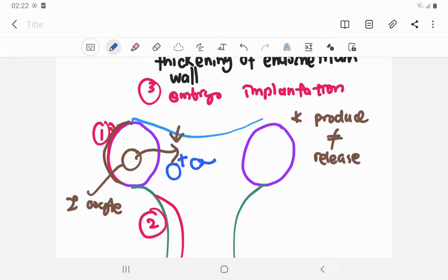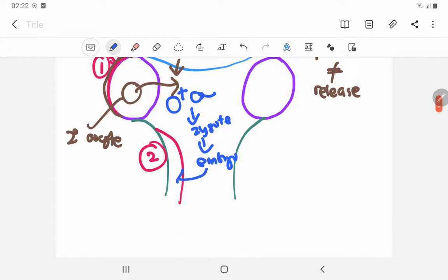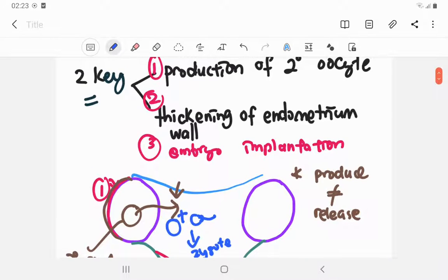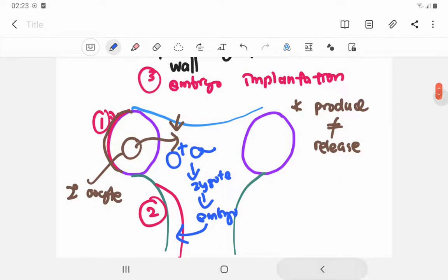So when the secondary oocyte is released and there is sperm at the fallopian tube, fertilization occurs and a zygote is formed. The zygote would develop into an embryo. So this embryo would implant at the endometrium wall. Jadi kaitan 1, 2 dan 3 ialah satu, production of secondary oocyte. Secondary oocyte dihasilkan di ovari.